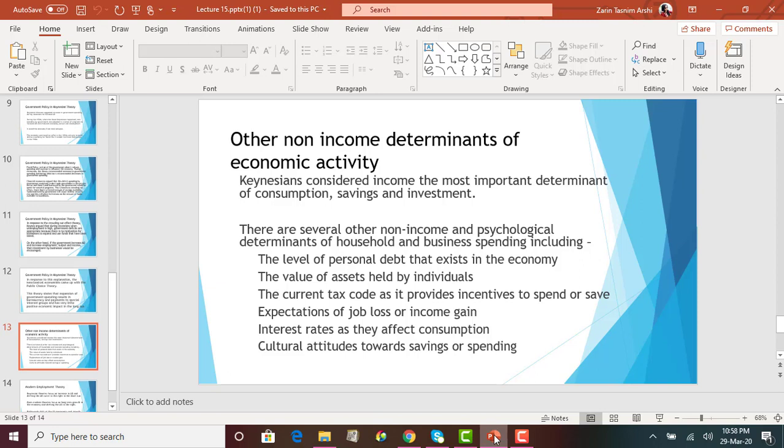Or there are certain parts of the country where there is a tradition or culture that we should not save money. It's not good to save money. We should spend all the money. So these attitudes, traditions and beliefs also play an important role in determining consumption, savings and investments.